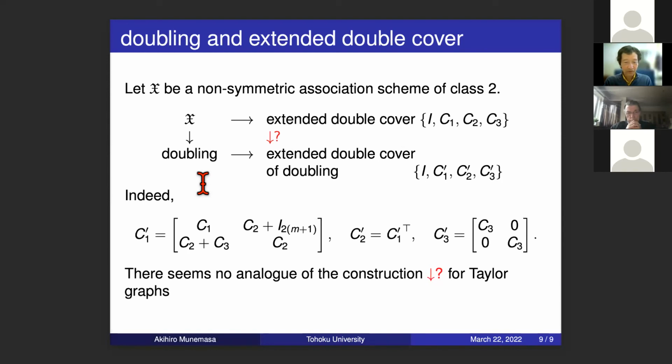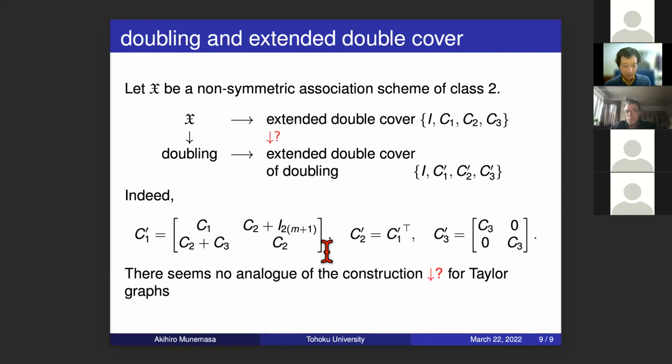We don't have a doubling of a strongly regular graph, but since we have described this down arrow purely in terms of the extended double cover, you might hope that given a Taylor graph, it may be possible to construct a Taylor graph with twice the number of vertices by mimicking this construction.